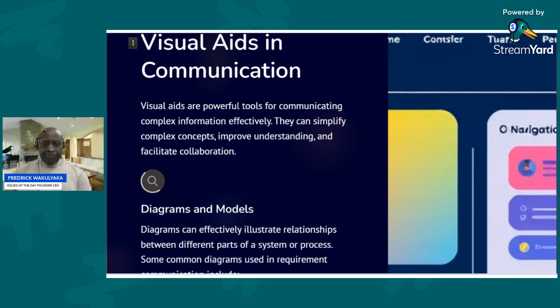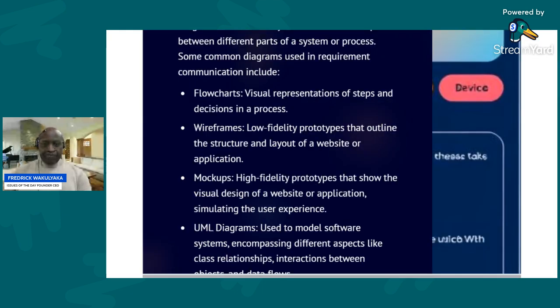Diagrams used in requirement communication include flowcharts, visual representations of steps and decisions in a process; wireframes, low-fidelity prototypes that outline the structure and layout of a website or application; mockups, high-fidelity prototypes that show the visual design of a website or application, simulating the user experience; and UML diagrams, used to model software systems, encompassing different aspects like class relationships, interactions between objects and data flows.